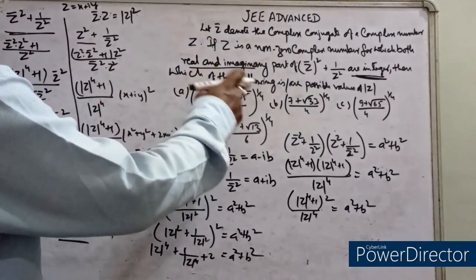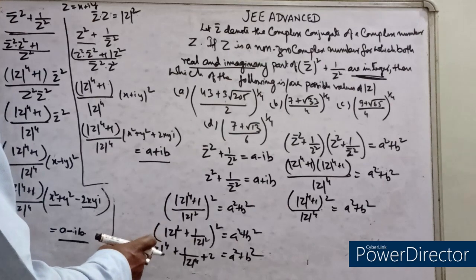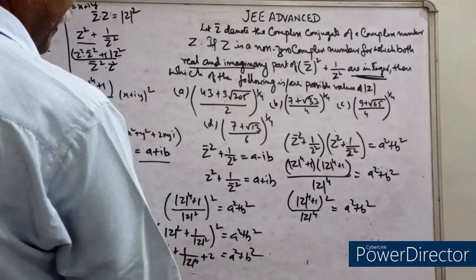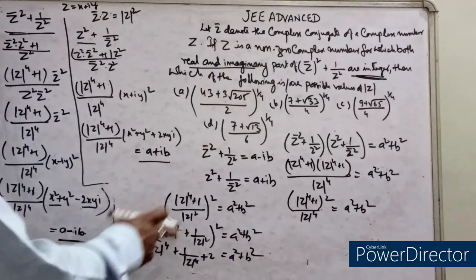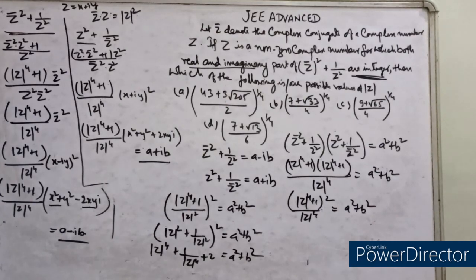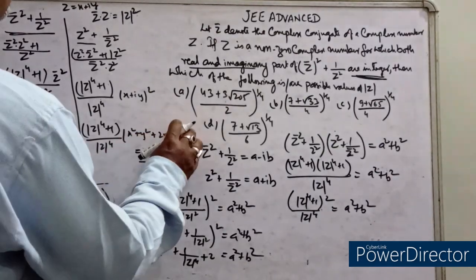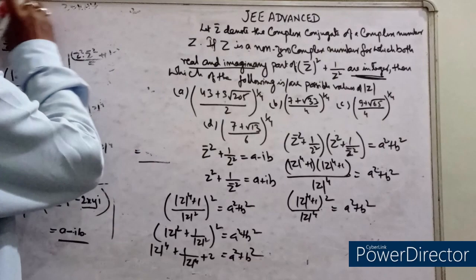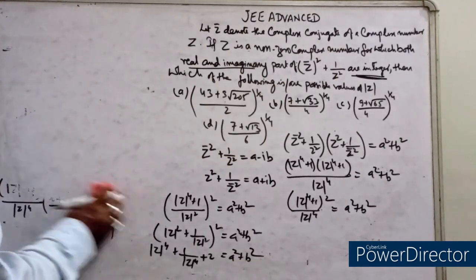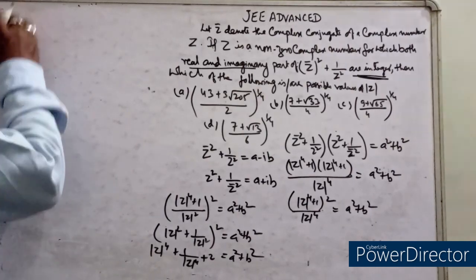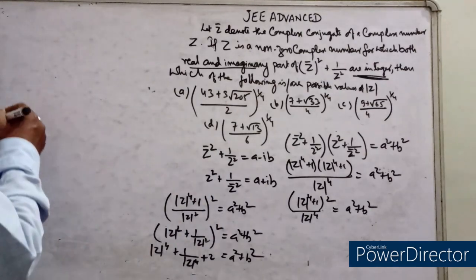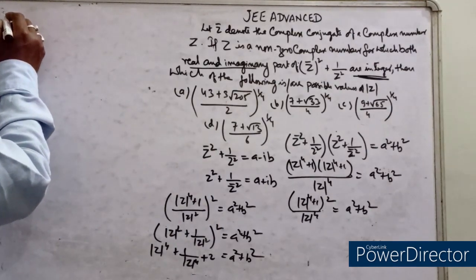I just first tested by placing this here, that is, this value I placed here in place of Z. When I placed it here, you will see what happens. So this will be how much?